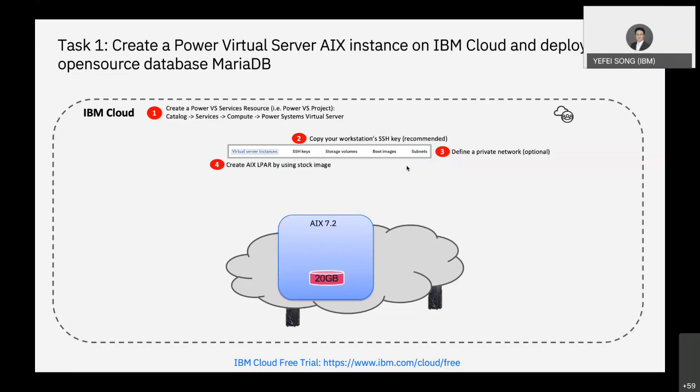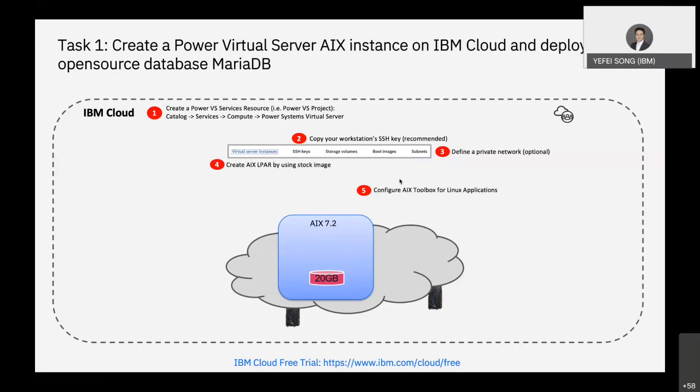Then, followed by that, we will create the AIX LPAR by using the stock image provided by IBM. Okay, in this case, it will be AIX 7.2. After the instance is up, we will configure the AIX Toolbox for Linux applications.